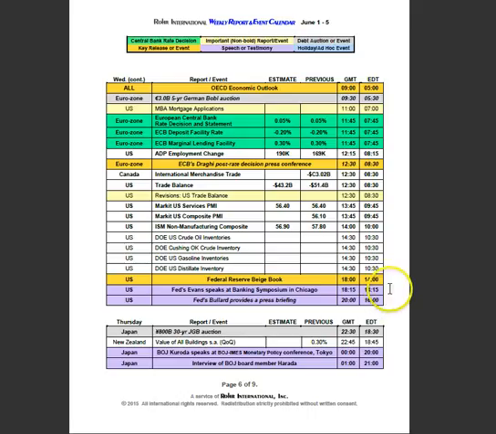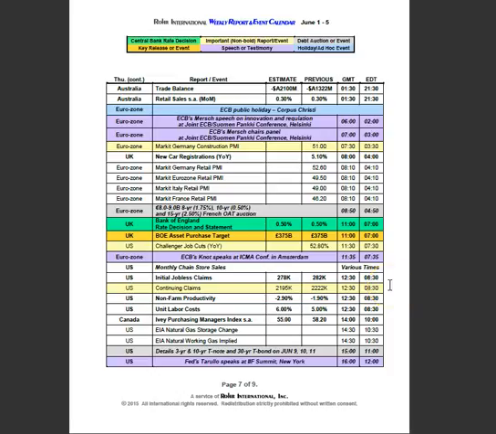And after it, in the early afternoon in the U.S., we saw the Federal Reserve Beige Book, along with a couple of more speeches. And moving down to Thursday, we have the first indication of a public holiday in the light blue, and that's Corpus Christi, which is a continental European bank holiday, along with the Bank of England rate decision and its asset purchase target.